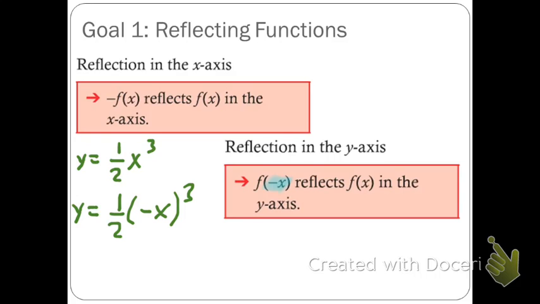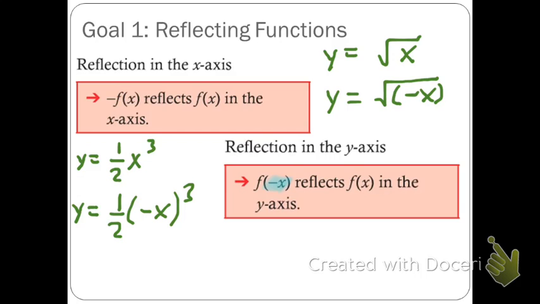Multiply the input value by -1. Or I could take a function like y equals the square root of x, and I could multiply the input value by -1.